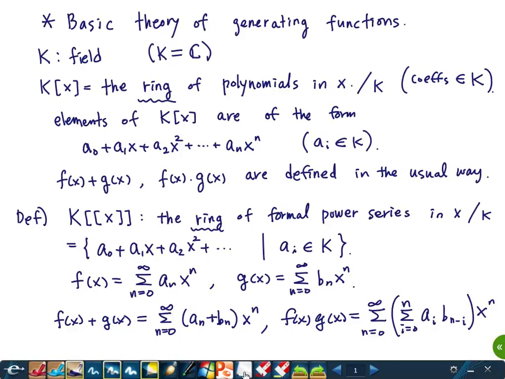And we will see some example. So note, the polynomial ring over K is a subset of the formal power series ring, right? We can think of this as a formal power series. For instance, let's use a specific example, like 1 plus x squared minus 2x squared.